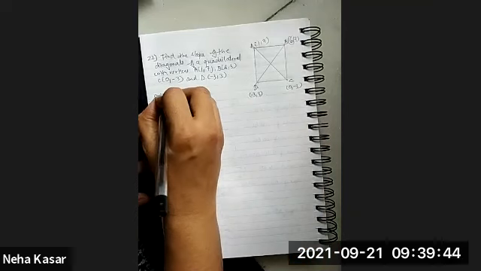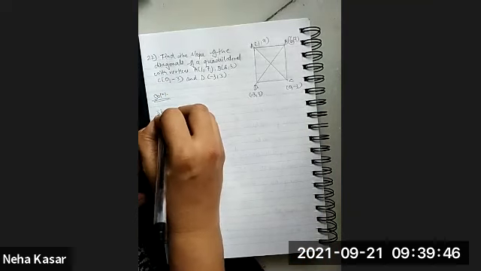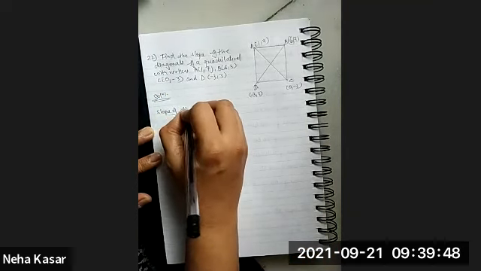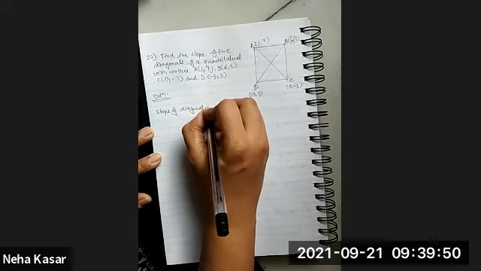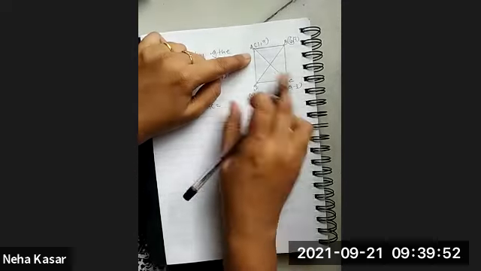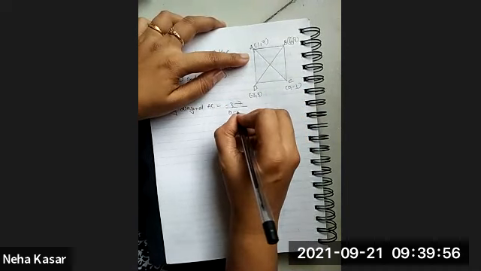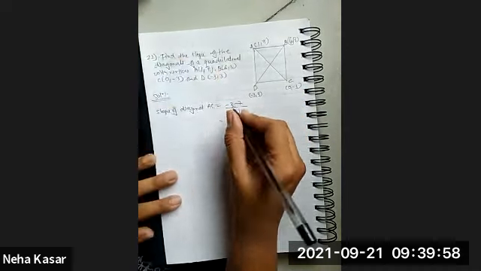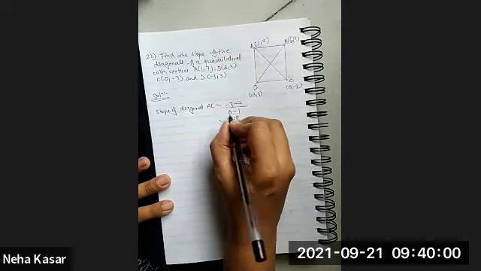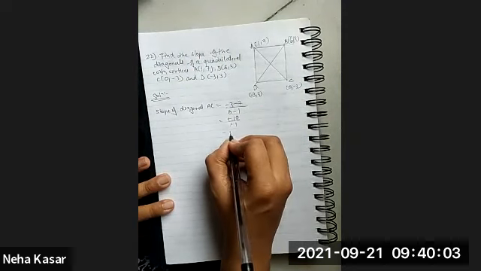So solution, slope of diagonal AC. AC will be -3 -7 upon 0 -1. So -3 -7 is -10 and that is -1. So it will be 10.